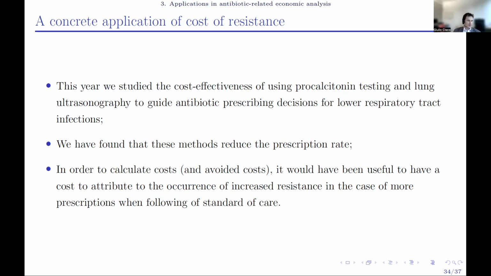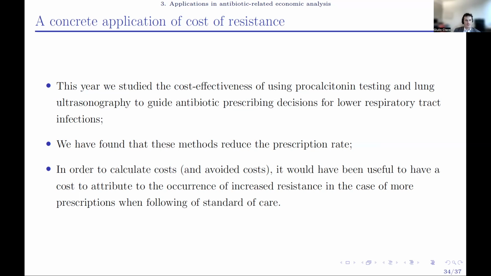And we found that actually both the methods, both the solutions, can decrease the prescription rate. The problem is that when I had to calculate the costs, and in this case avoided costs, because if we consider that the prescriptions are decreasing, of course we have less resistance, I wasn't able to do that precisely because I didn't have this specific cost of resistance.